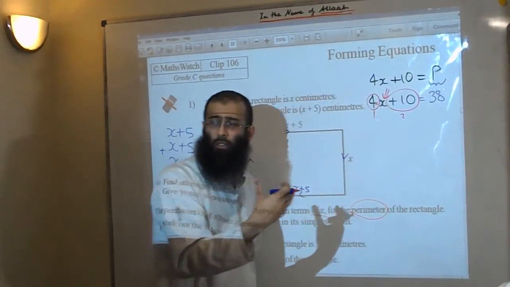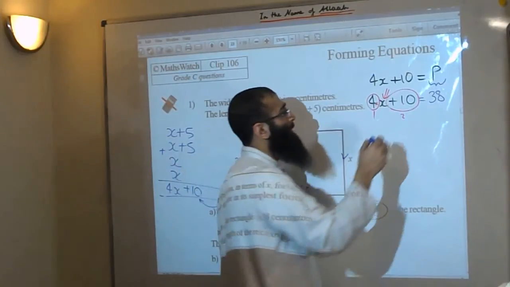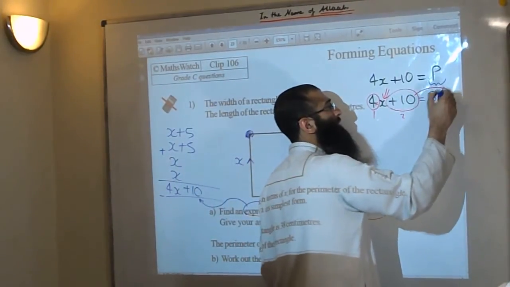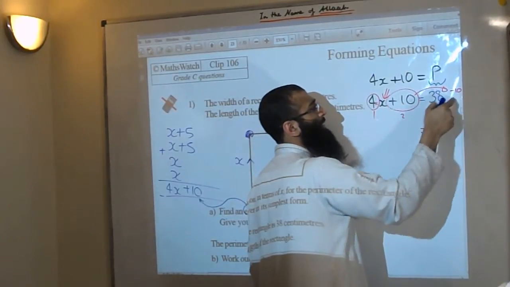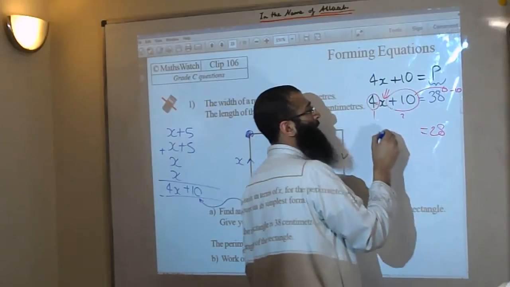When we come to solve it, which action do I move first? The second one, or last action first. The opposite of plus 10 is minus 10. That's lovely. So 38 take away 10 will give us 28.